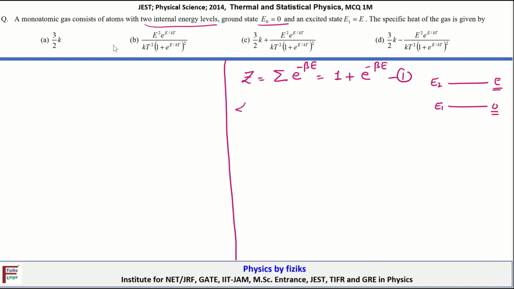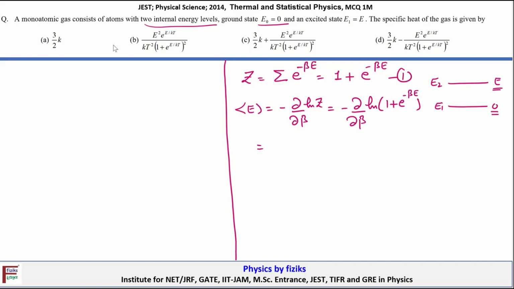From the partition function, the average energy of the system can be calculated as E equals minus d by d beta of ln Z, which is minus d by d beta of ln of (1 plus exponential minus beta E).